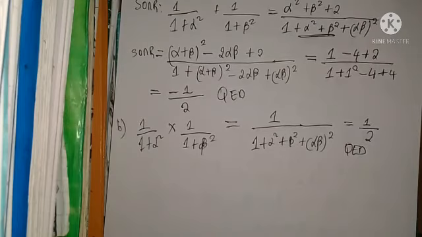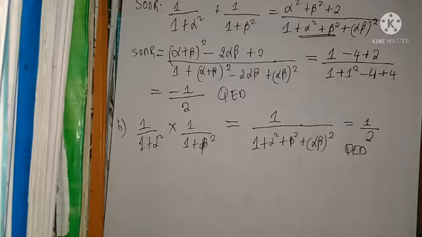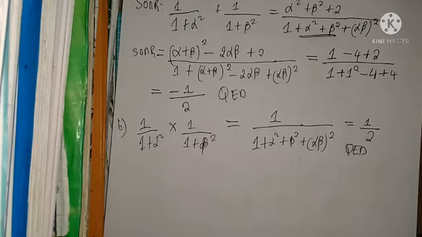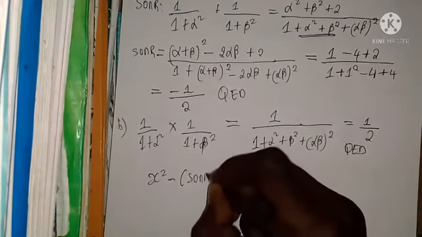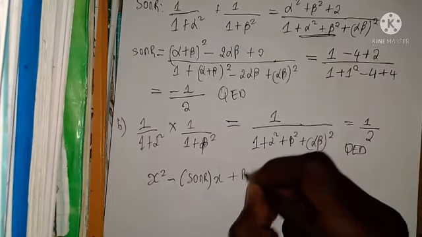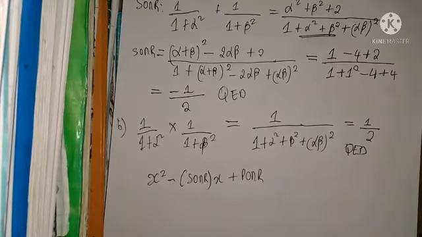Now the last part of B asks us to form a new quadratic equation, and we know the formula from the previous example, or from your textbook, which states that a new quadratic equation is given by x squared minus sum of new roots times x plus product of new roots.